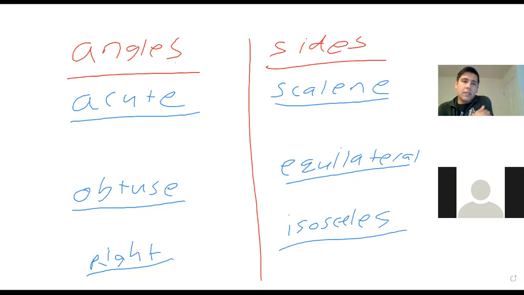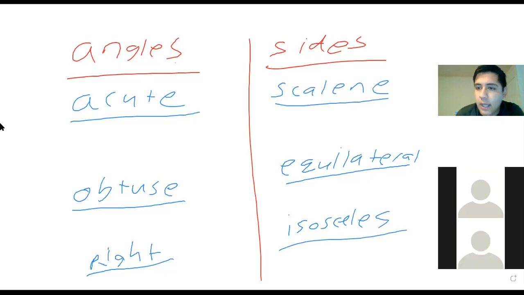Okay, so let's start with triangles that are acute. What is an acute angle? Anything under 90, a small angle. When we have an acute triangle, all of the angles are going to be below 90.